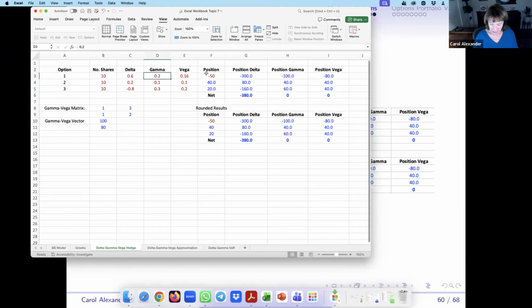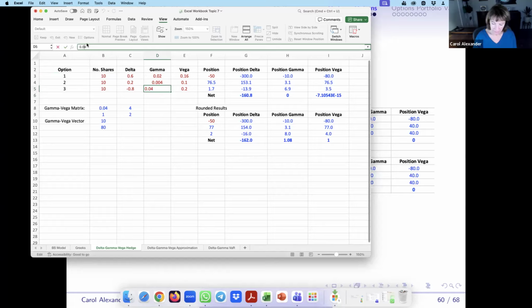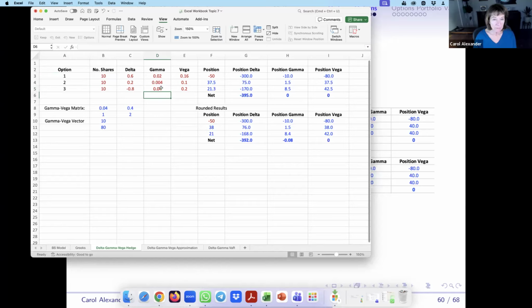So let's make the gamma a lot smaller, shall we? 0.4. No, that's too big for gamma. 0.4.5. That's quite a big gamma. Okay. So the vega should be pretty small for this one, but it could be larger for the others. I'm just playing around here.